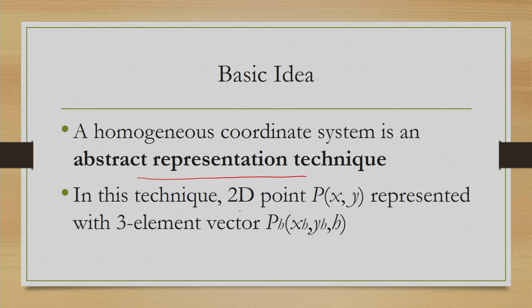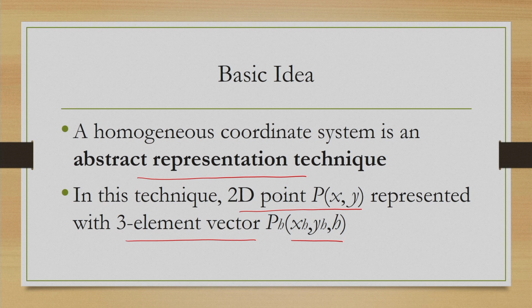So, there may be physically a 2-dimensional point which we transform to a 3-dimensional abstract coordinate system called the homogeneous coordinate system. So, each 2D point represented by these two coordinates x and y can be represented with a 3-element vector as shown here.